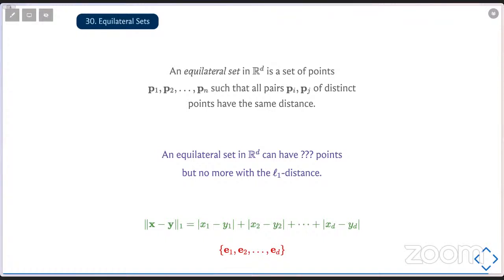I think the answer falls out if people know what the unit ball looks like in L1. Right, the unit ball in L1. By unit ball, I mean everything at an L1 distance of 1 from the origin. And what you would get then is a diamond shape.